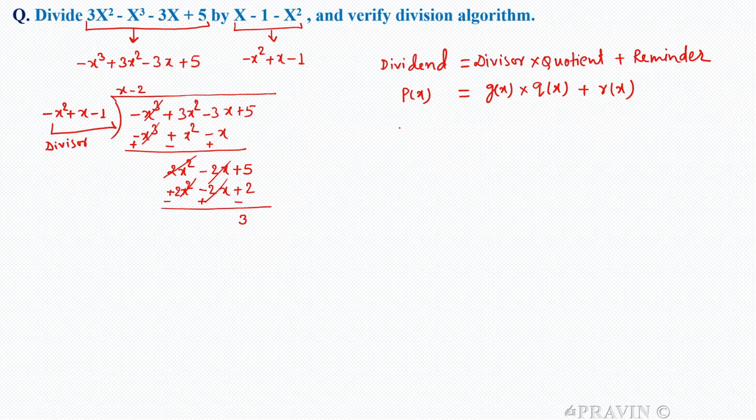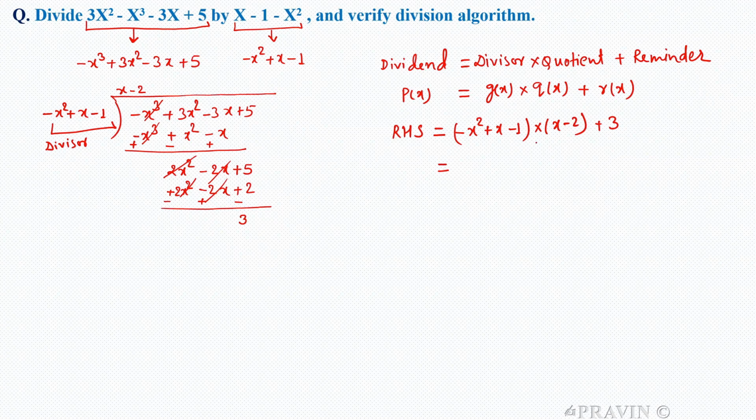From the right hand side you can write divisor into quotient. So here the divisor is minus x square plus x minus 1, and this is multiplied by the quotient. Here the quotient is x minus 2 plus remainder. Here the remainder is 3.